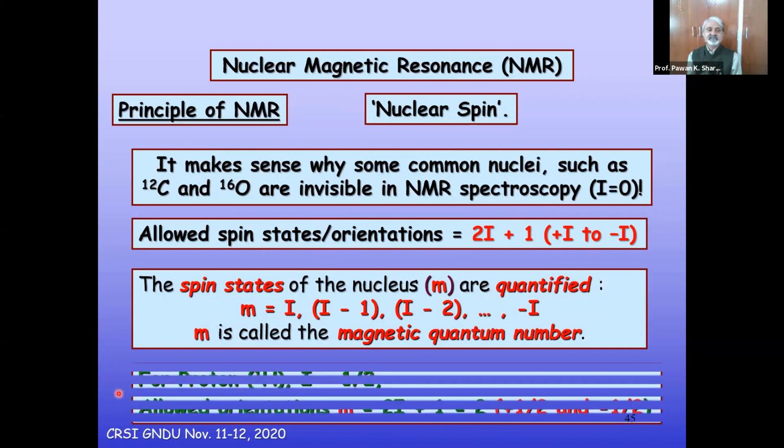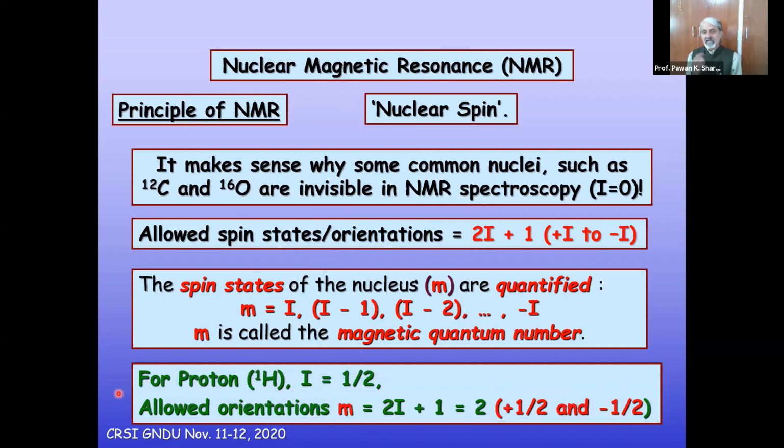For example, if we take the case of the proton, hydrogen, 1H. For 1H, I is equal to half. When I is equal to half, the allowed orientations for 1H are 2I plus 1. That means 2 into 1 by 2 plus 1, so 1 plus 1, 2. So this tells us these are quantized. It tells us why hydrogen, 1H, can adopt only 2 orientations.